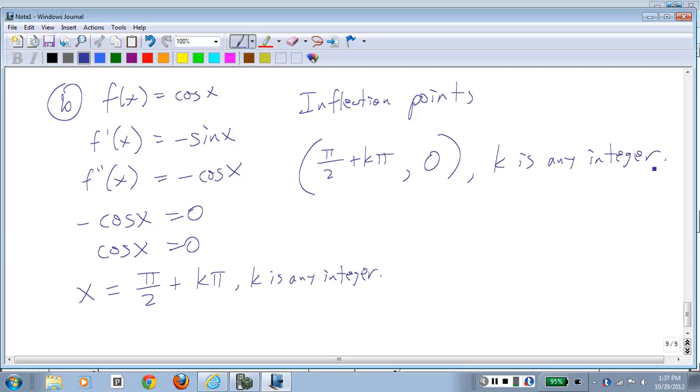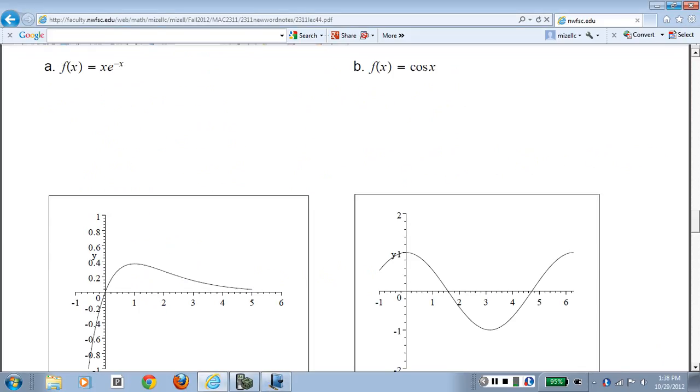So the inflection points for the cosine function are exactly the x-intercepts, because the concavity does change. Now, I kind of waved my hands at that because I didn't do the sine graph and try to convince everybody that it did in fact change. It seems intuitively clear that it's concave down, then concave up, then concave down, then concave up.